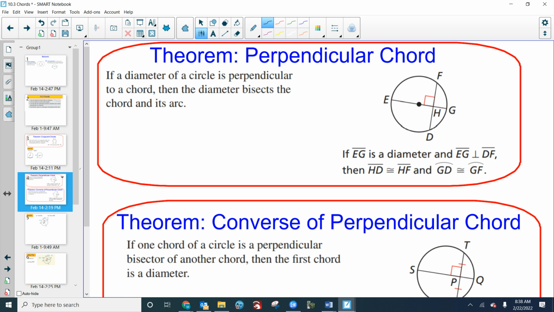Next one, perpendicular chords. If the diameter of a circle is perpendicular to a chord, then it bisects the chord and its arc.